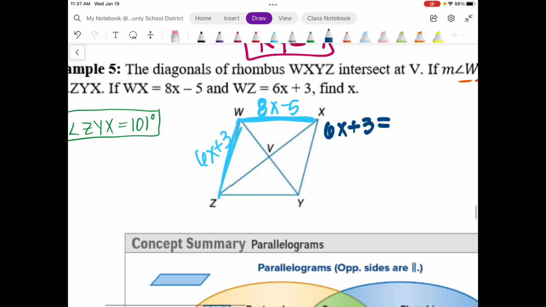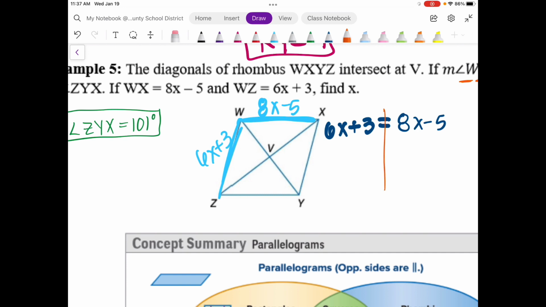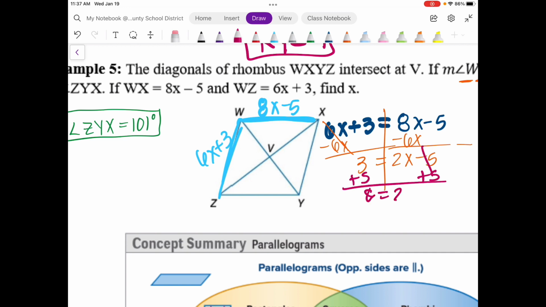So 6x plus 3 equals 8x minus 5. And I can start off by subtracting 6x from both sides. 3 equals 2x minus 5. Then I can add 5 to the left, so it cancels out on the right. 8 equals 2x, divide by 2, so x comes out to be 4.